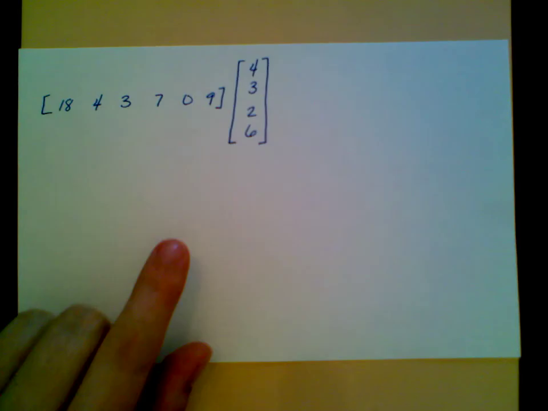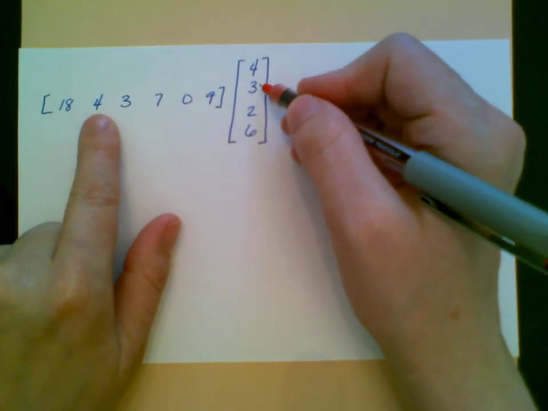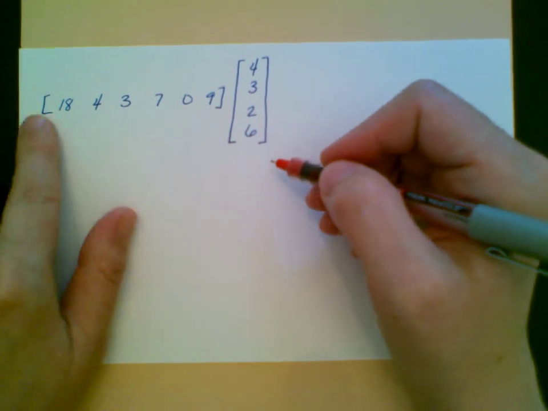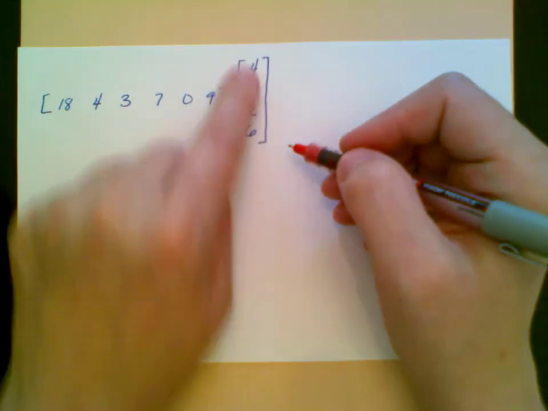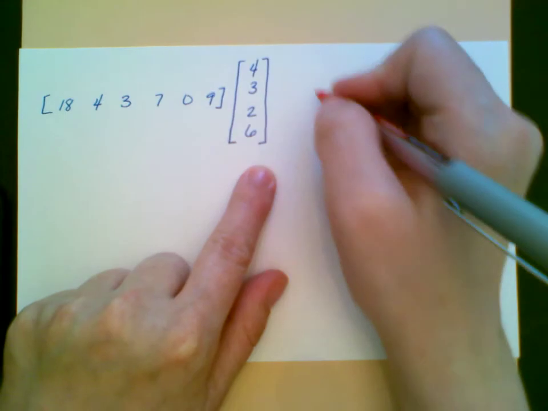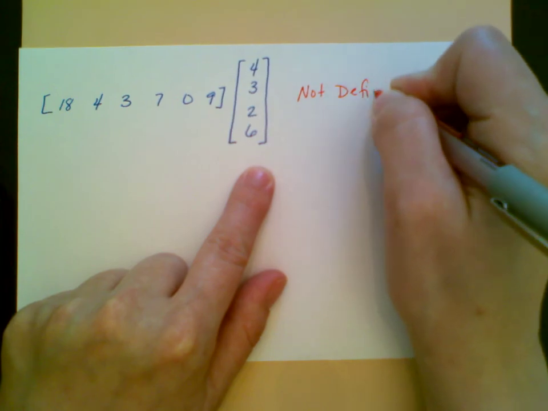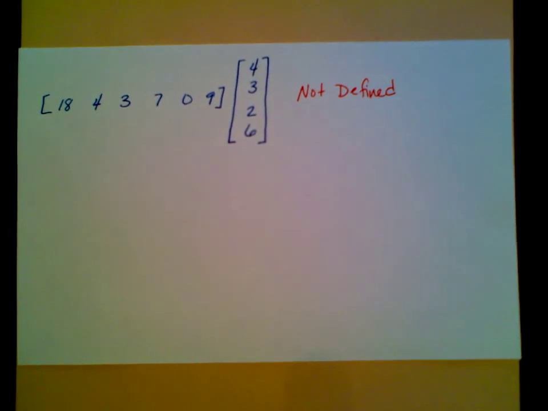And we could dive in and start trying to match things up, but if we did that, we would notice before we got to the end that we ran out of things to match, because this row does not have the same number of elements as this column. So this product is not defined. And when I'm given a problem like that, that's all I have to say. They don't have the same number of elements, and so they are not defined.